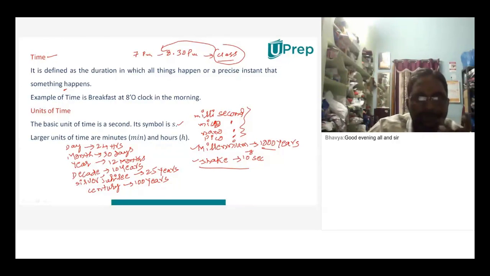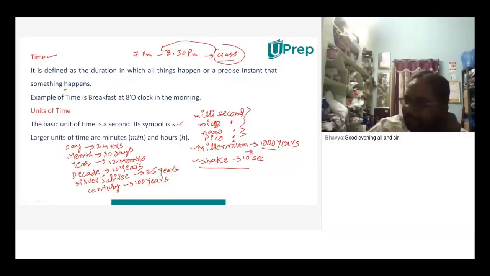So this is about time. Bhavya, welcome to the class, I am teaching about motion and time. The smallest unit of time is shake. The biggest unit of time is millennium.